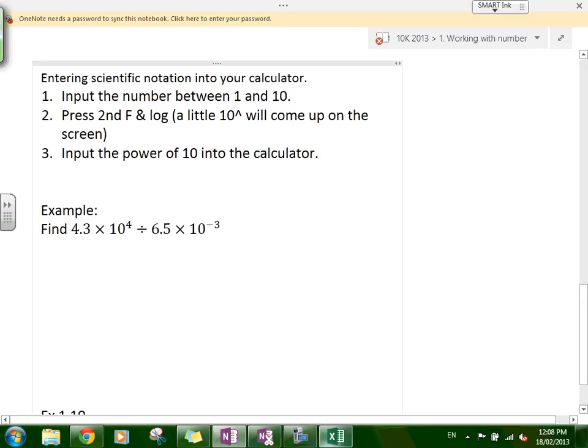You do 4.3 second function log 4 divided by 6.5 second function log minus 3. Press equals. You get 6,615,000 something.